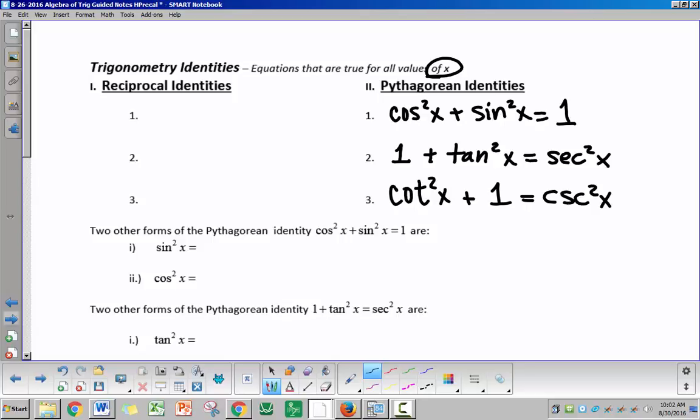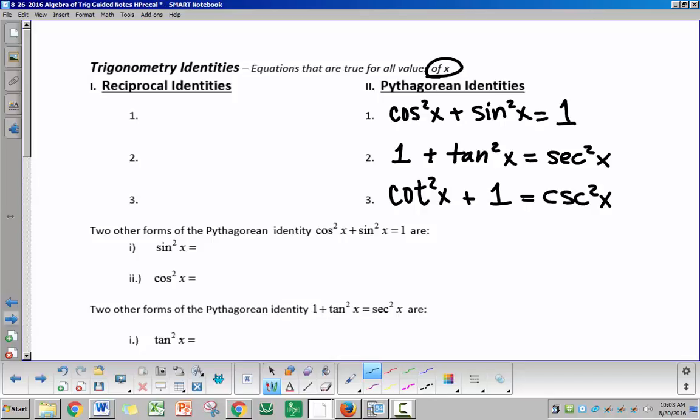So we have three Pythagorean identities, all derived from the big one, which is cosine squared theta plus sine squared theta equals 1. Now, you'll notice on the left here I have the reciprocal identities, right? That means I can multiply two of the trig functions together and get 1.